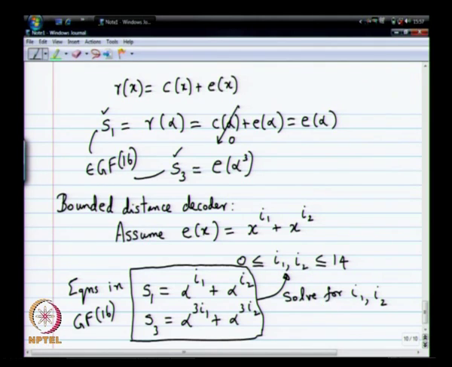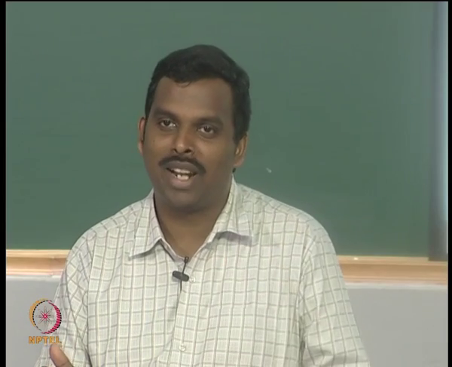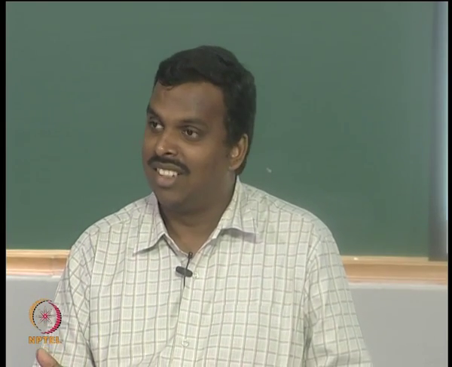One thing that is a little bit weird about these equations is, equations are in GF16, but the solutions are integers. It is not a good idea to have such things. If your equations are somewhere, you also should have solutions in that same area that you are looking in, otherwise it will just get complicated. So what is one way of moving from integers to GF16?